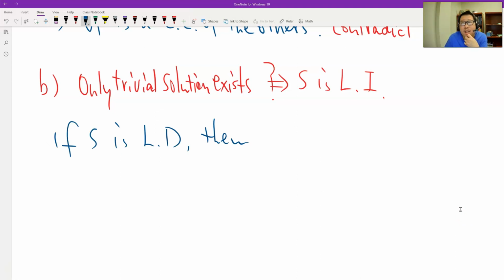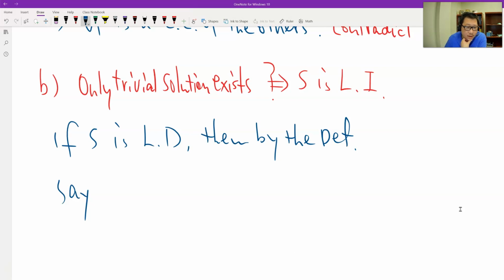Linearly dependent by the definition. Then by the definition, we have that one vector is a linear combination of the others, right? Let's say the first vector is a linear combination of the others.